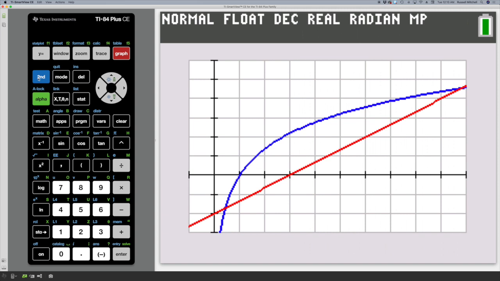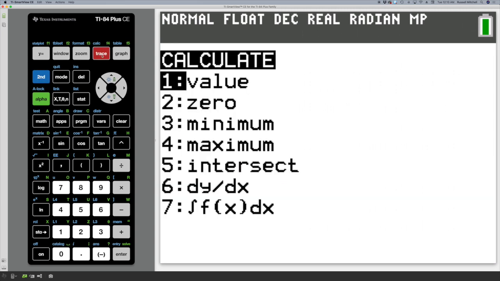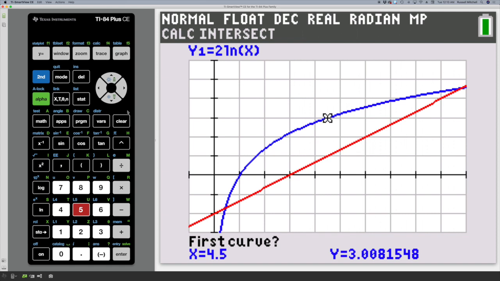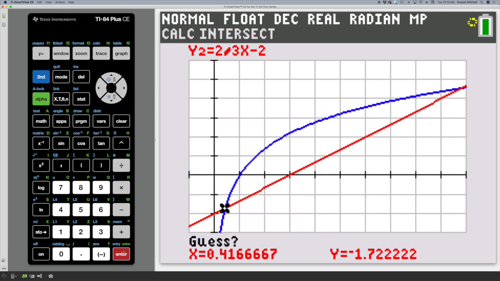All right. So press second, calc, and number 5, intersect. Come back over here, and then just press enter. Enter for the second curve, guess, and there we have it. So we want to store this x value and this y value because we're going to do 2 integrals, in terms of x and also in terms of y.